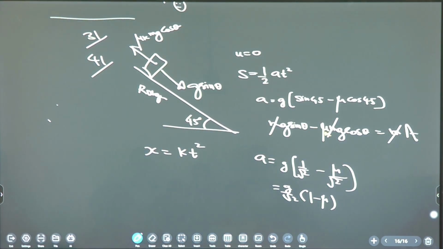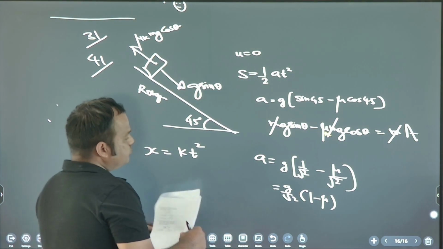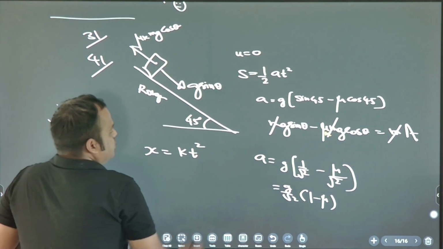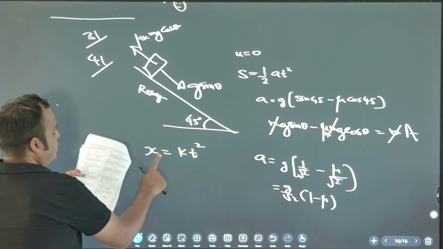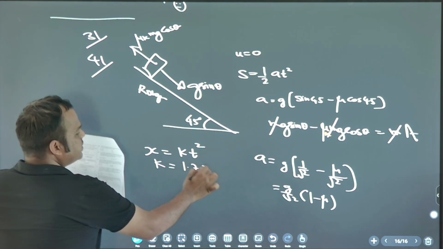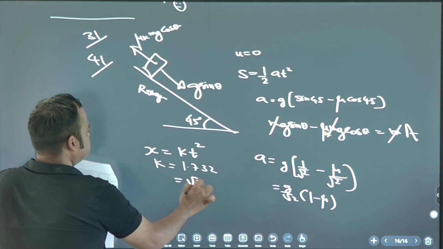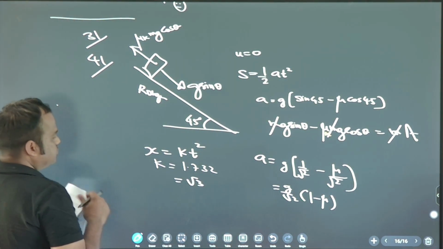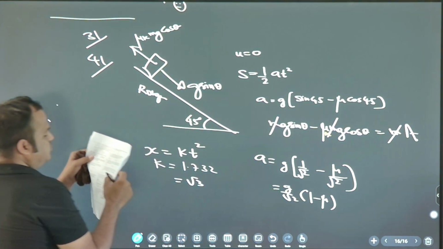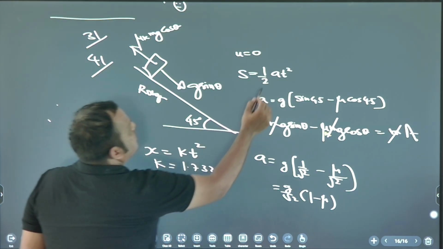So now, k value is given as root 3. Root 3 is 1.732. What is k here?